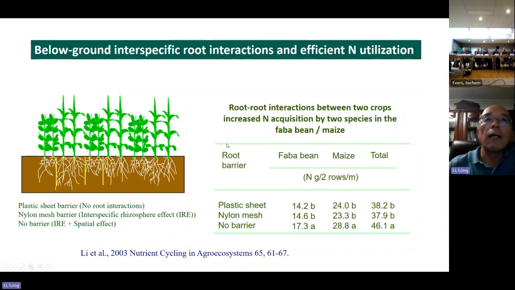From this result, you can also see this direction: plastic sheet, no root interaction, partial root interaction, and complete root interaction. Along this direction, both crops' nitrogen acquisition increased with increased root interactions.